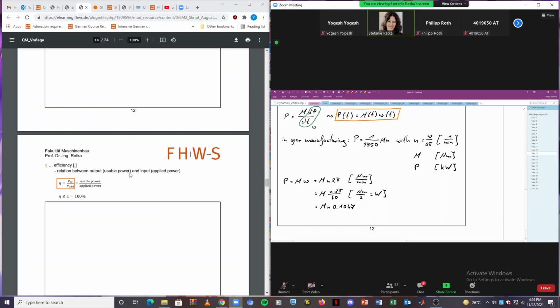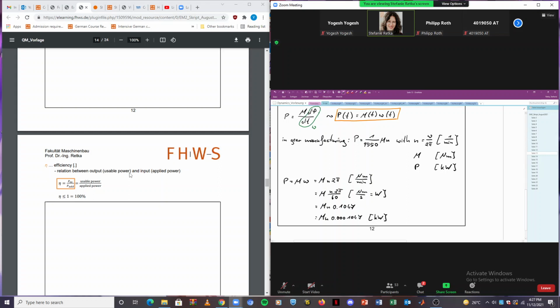And for this, we have to divide by 1000, to convert watt into kilowatt. Okay. So then we have 0.301047. And now our dimension is kilowatt. And now we are nearly there.